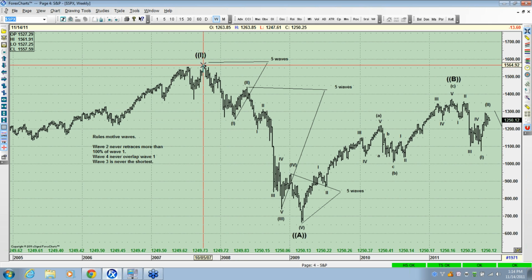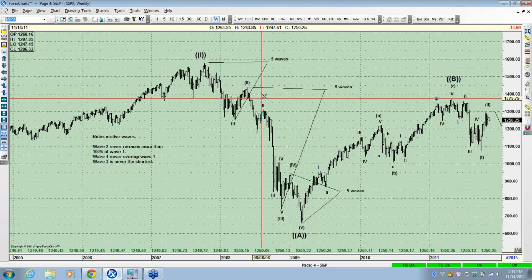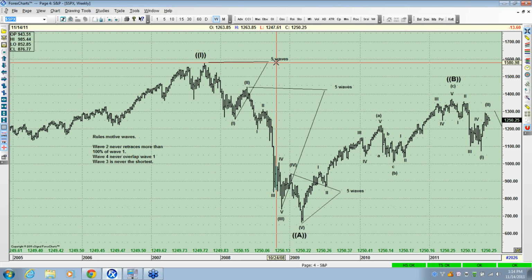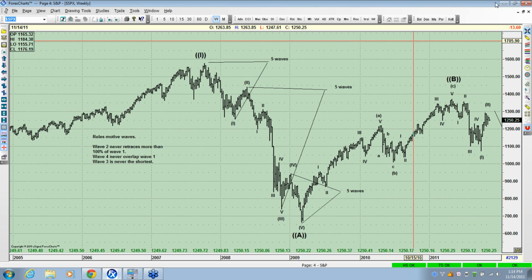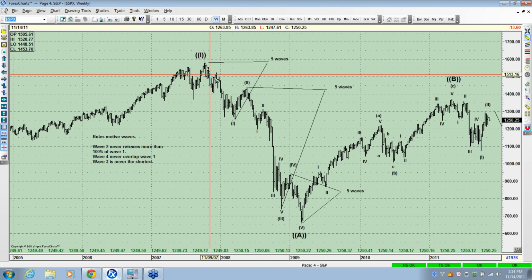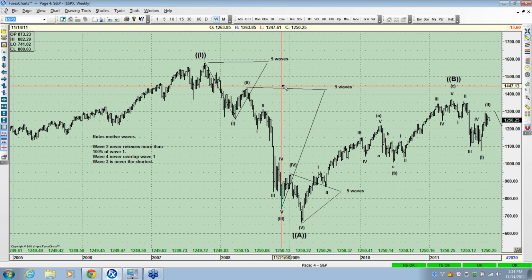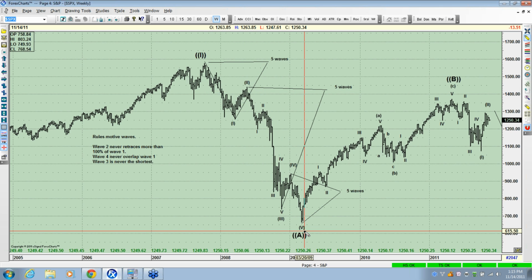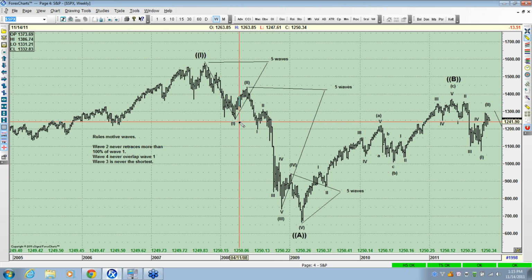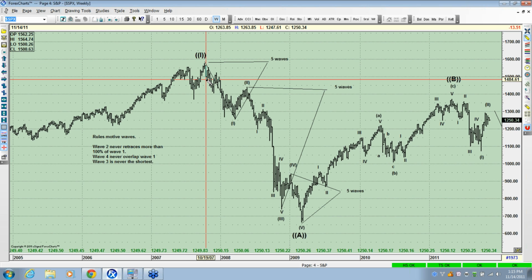Now, it comes, and then you're going to see that from here to here, you have 5 waves, right? You have 5 waves in this range. But this is a Motive Wave, and this is a Motive Wave, and this is another Motive Wave, and this is another Motive Wave.